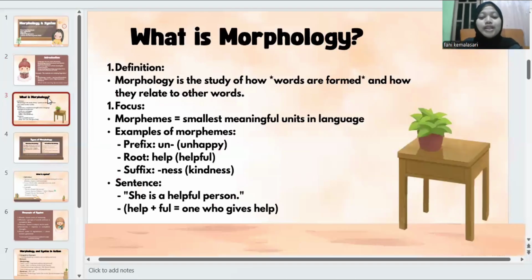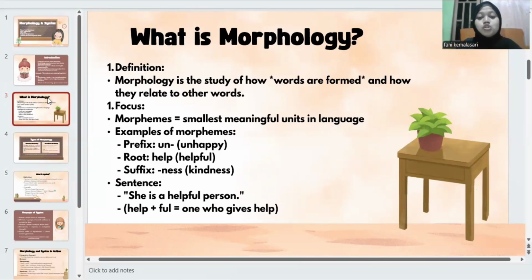There is what is morphology. So, what exactly is morphology? Morphology is the study of how words are formed and how they relate to other words in a language. The smallest unit of meaning in a word is called a morpheme. Let's look at a few examples. The first, there is prefix.